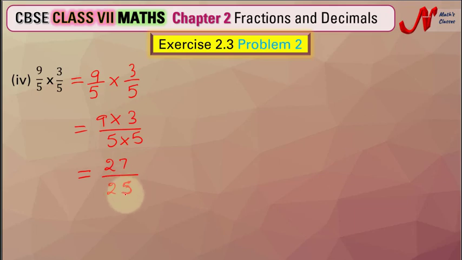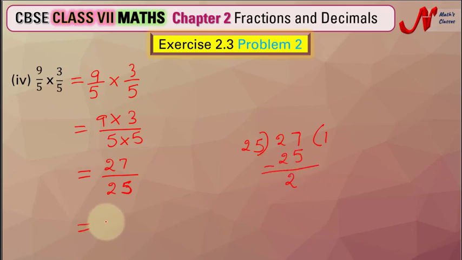Here 27 by 25 is an improper fraction, so we can write it as a mixed fraction. So divide numerator 27 with the denominator 25. 25 ones are 25. By subtracting we get 2.